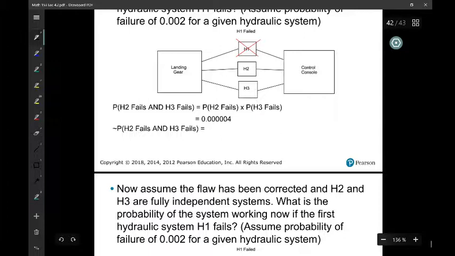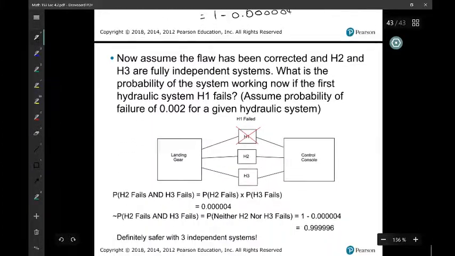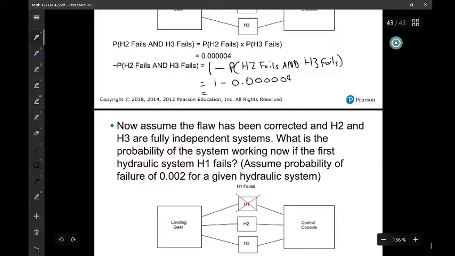So then the complement of, or the opposite of H2 and H3 failing will be 1 minus the probability of H2 fails and H3 fails. So 1 minus 0.000004, which is 0.999996.